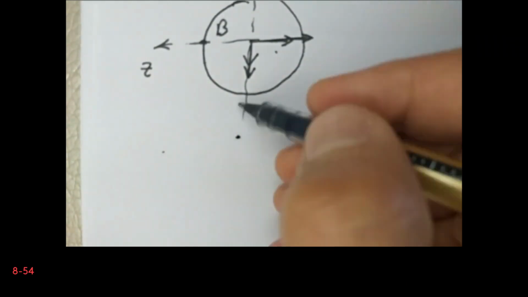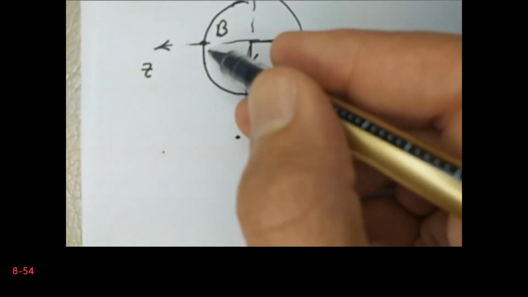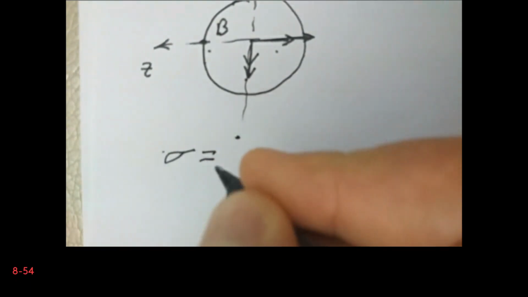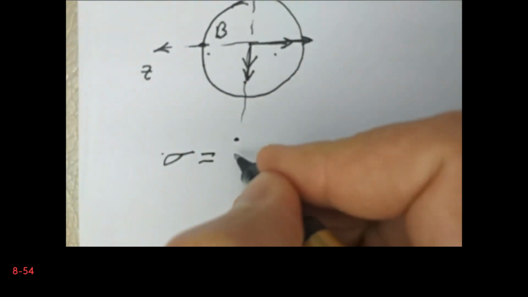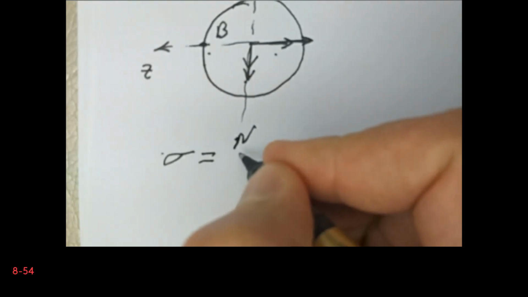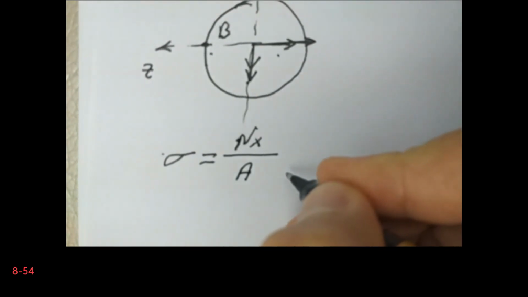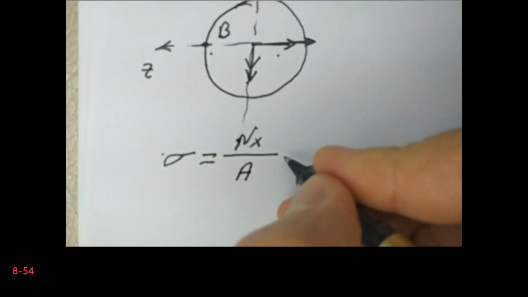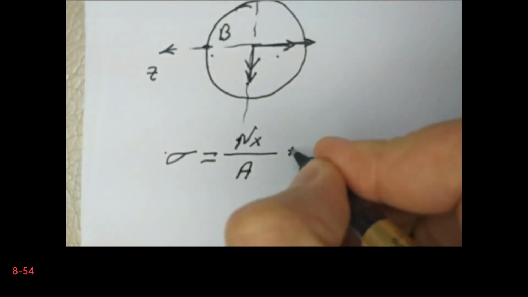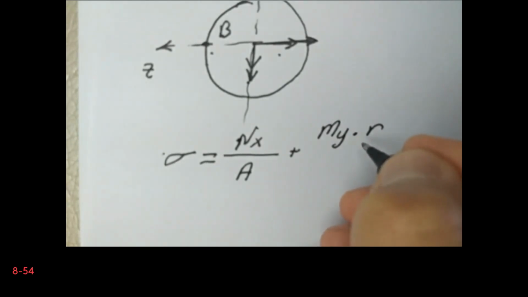So we have only stress due to the My and normal force. Therefore sigma is equal to Nx divided by the area, and My multiplied by r and divided by Iy.